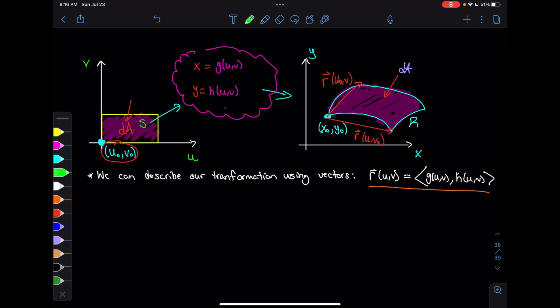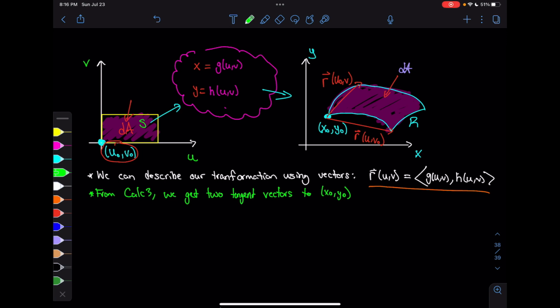So maybe I'll write this down. From Calc 3, we get two tangent vectors to x0, y0.